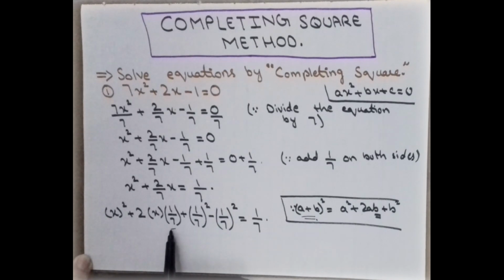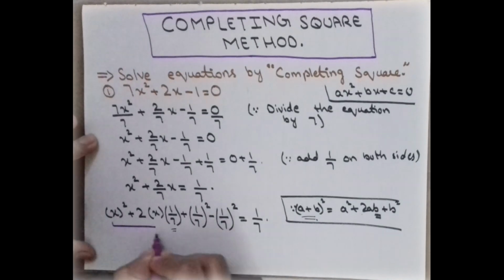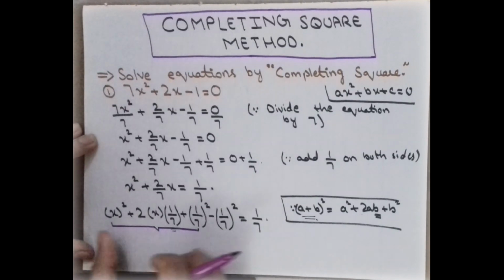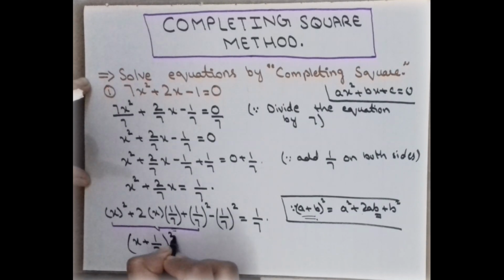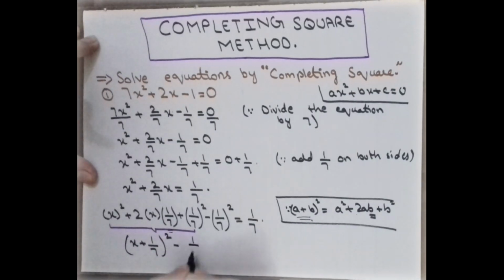So we find this term to make a square. So we write this as x plus 1 over 7 square, and in the same way minus 1 over 7 square, which equals 1 over 7.